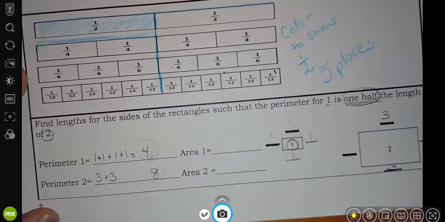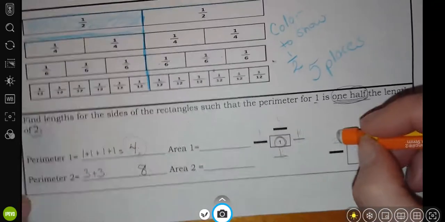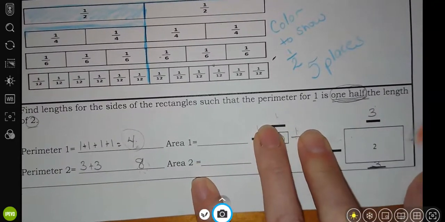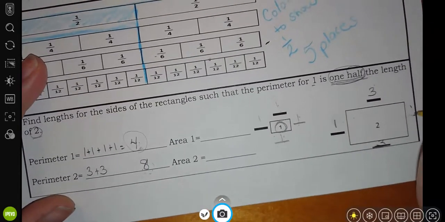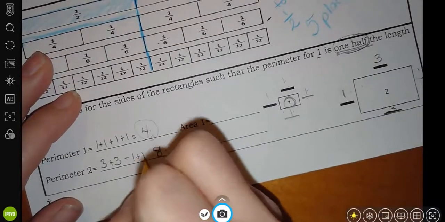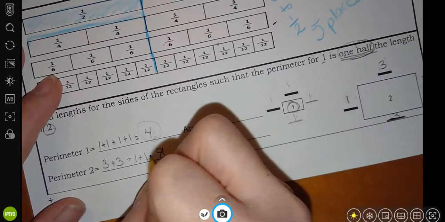That leaves me 2 to get to 8. But I can't make this side 2 because this side would be 0 then, right? So what if I make each of these sides 1? 3 plus 3 is 6, plus 1 is 7, plus 1 is 8.